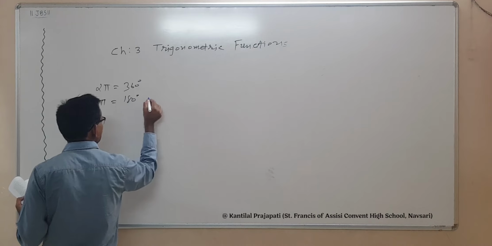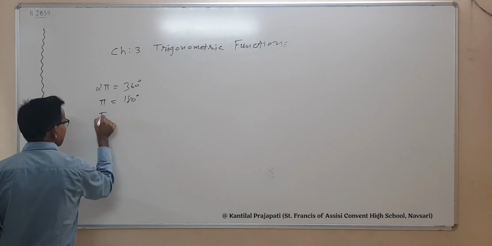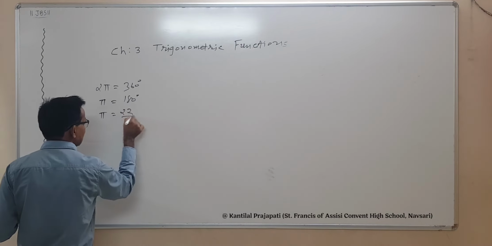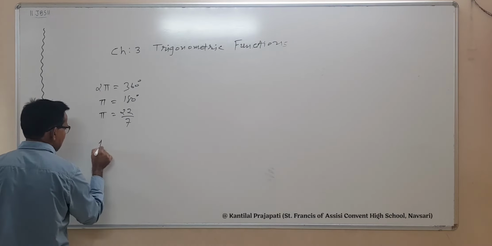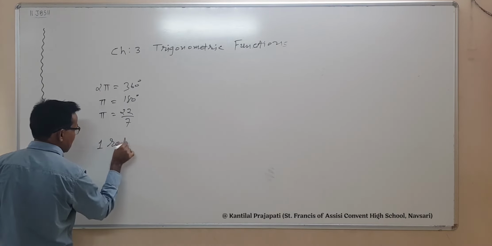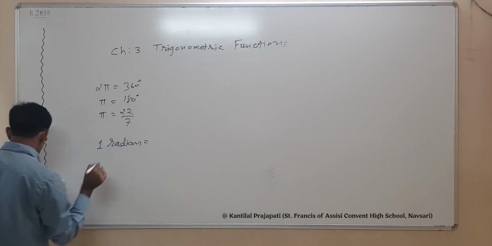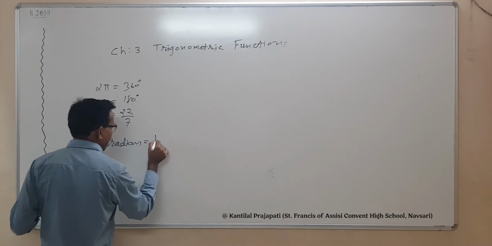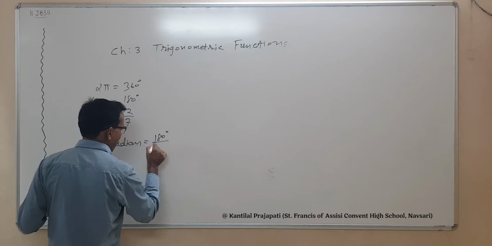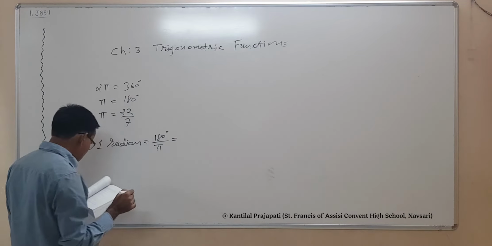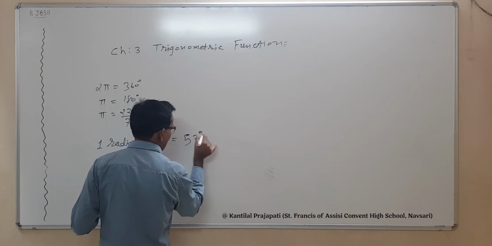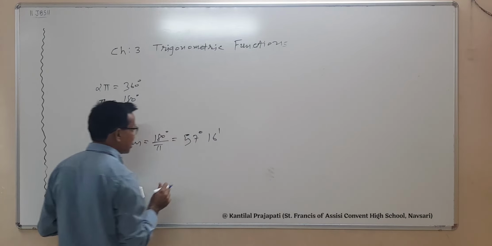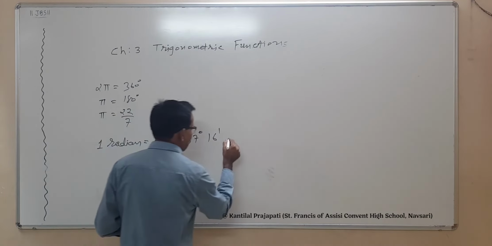Pi we consider as 22 by 7. Also we write 1 radian is equal to 180 degree upon pi, and the approximate value is 57 degree 16 minute.